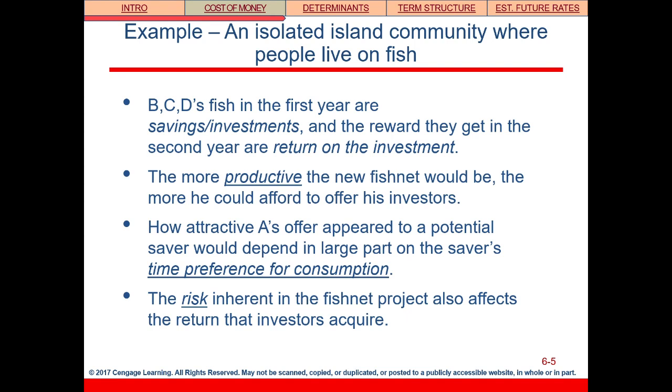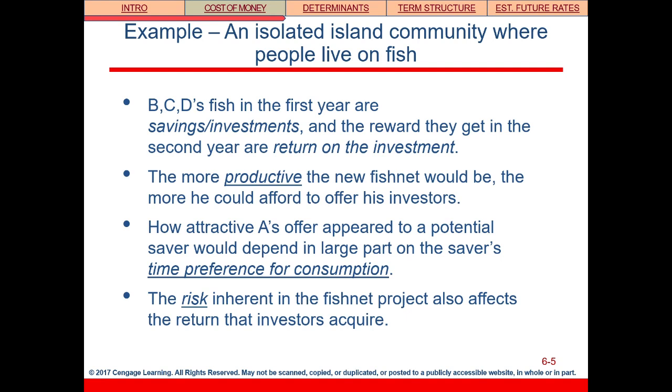So even after paying back his investors like BCD, in total 6 fish every day, he still has 14 fish left. So in this case, he could actually offer more to attract BCD to invest in his project, right? So productivity is an important factor.